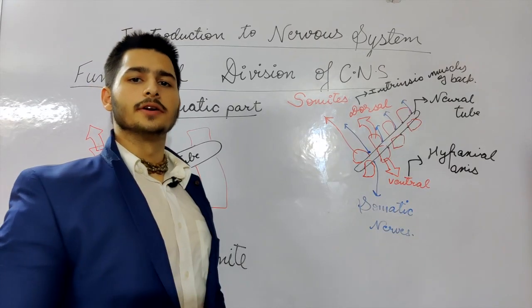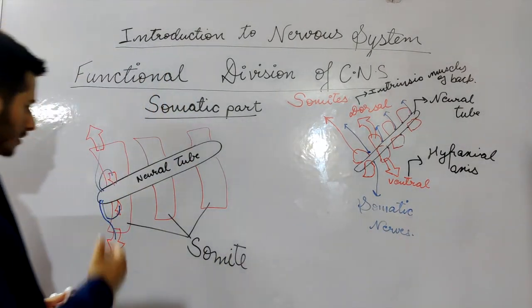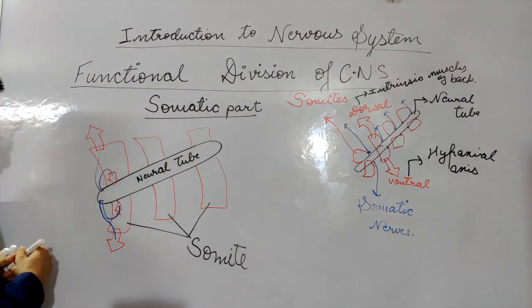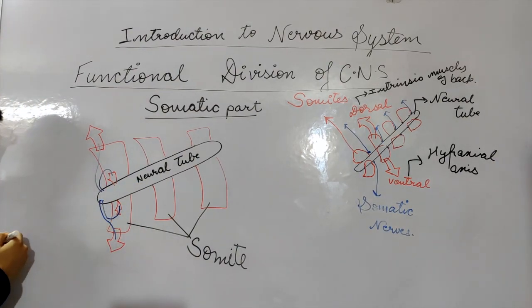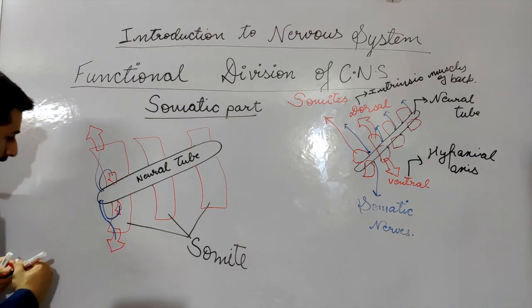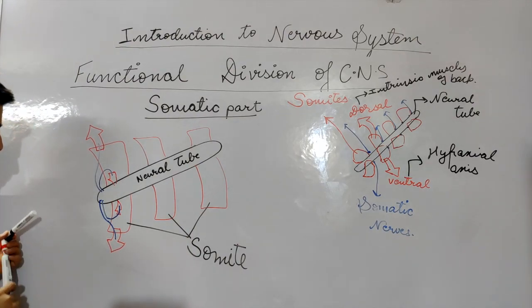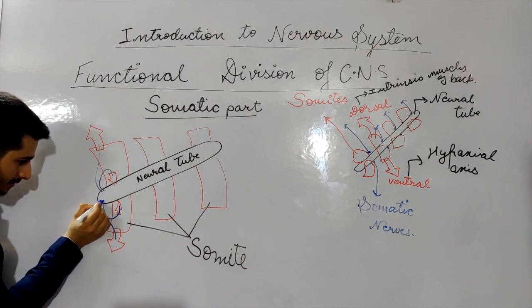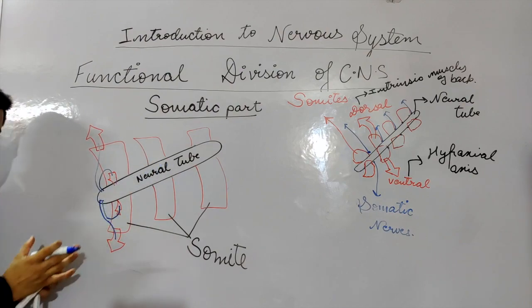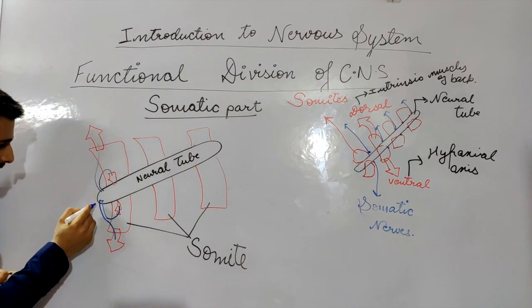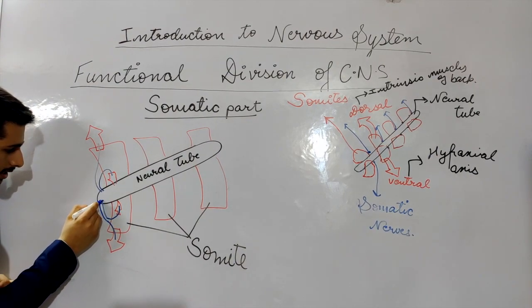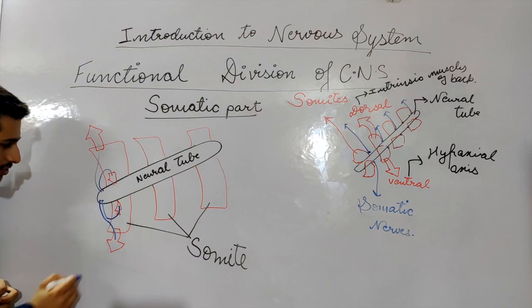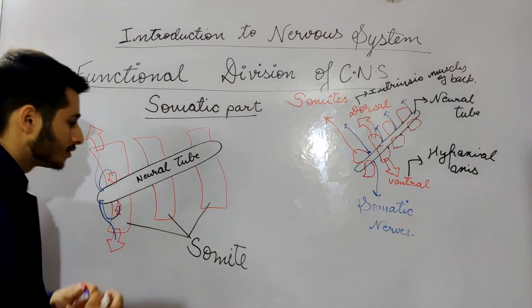To get a clear picture, right here are the nerve cells in the anterior region of the neural tube. They extend their processes into the anterior and posterior regions of the dermatomyotomes.